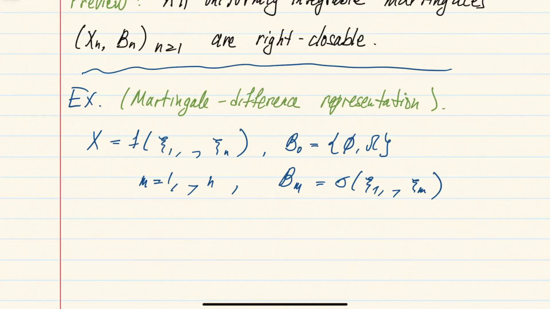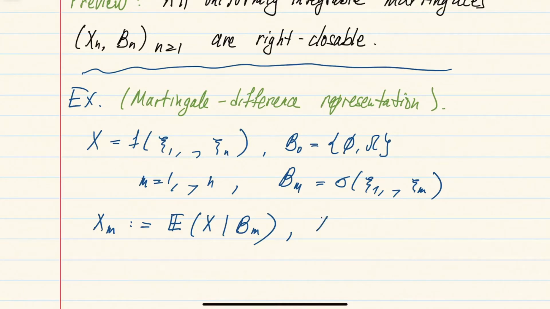Okay, so it is an increasing sigma algebra because we keep including some random variables, and then we consider the averaging procedure just like in the previous example, where we define a random variable which is the average of our function, so the average of this random variable x, conditionally on the first m random variables, so conditionally on this sigma algebra Bm. So it's exactly the example as above, only we have finitely many indices.